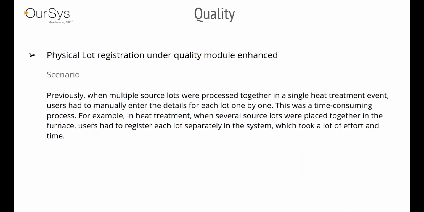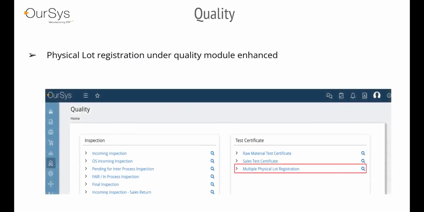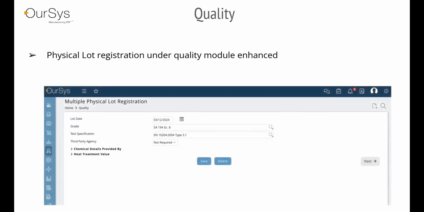So now OurSys makes it easier for user to register several physical lots at the same time instead of doing it one by one. This feature will certainly save a good amount of time and make the process more efficient. So here you can see in the quality module multiple physical lot registration.